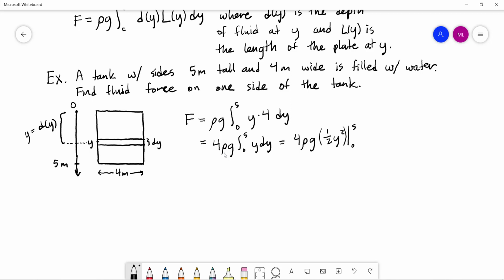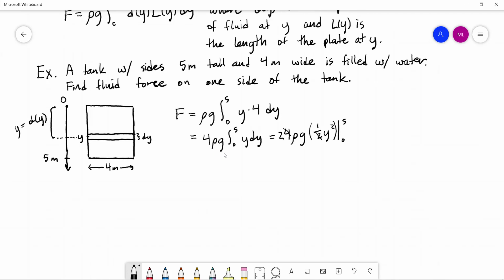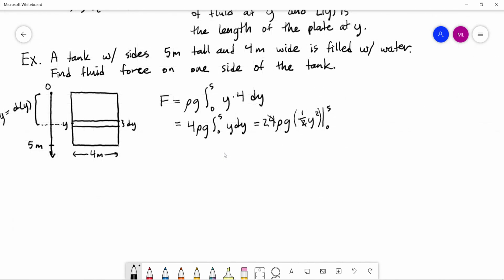Right off the bat, we can cancel out the 4 and the 1/2 and just get a factor of 2 when it's all said and done. And we will get 2 rho g times 25 at the top, and at the bottom 0. When we plug in those bounds of integration, we get 50 rho g.